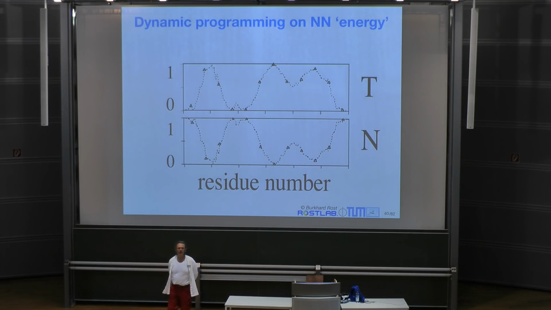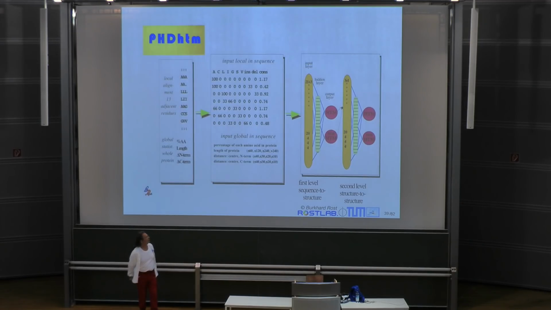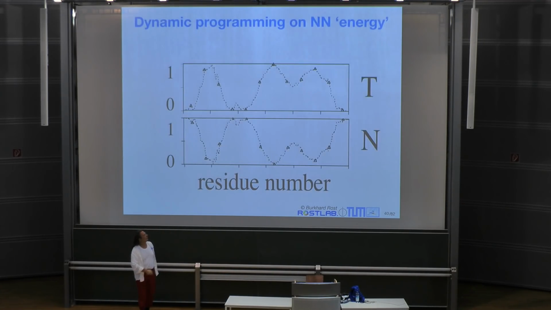Yeah? Just another question, what do the T and N mean? Transmembrane, I'm sorry, the slides have been collected over many years and I've changed the annotation, or the way I call them. Thank you very much for your question. T is the unit for transmembrane and N is the unit for NOT transmembrane.